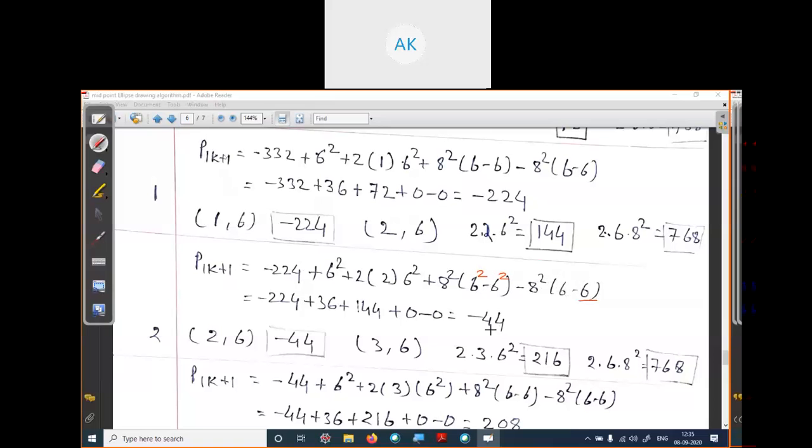Calculate this and you will get minus 24. Again the descent parameter is negative, so x changes with unit interval, 2 plus 1 is 3, and yk plus 1 is still yk, so 3, 6. Again check the condition. When you solve this, you will get 216, and here 768. Again this value is less than this, so you are in region 1.